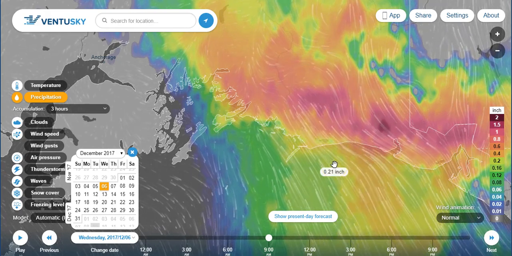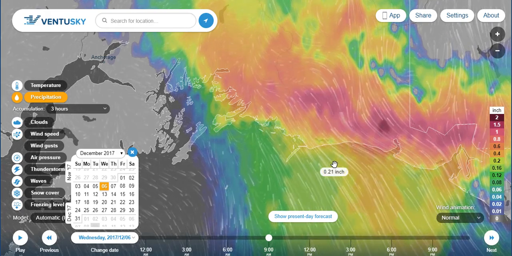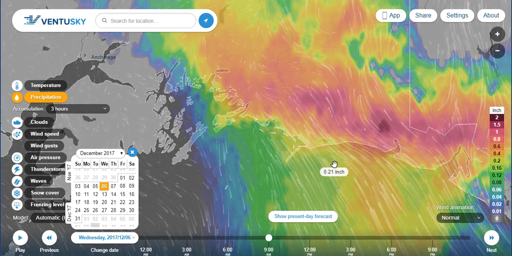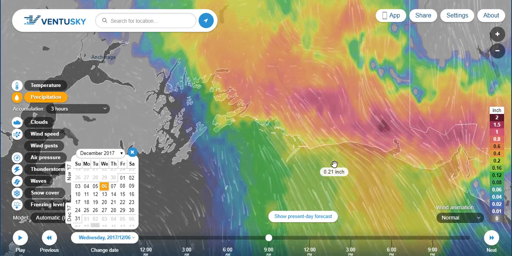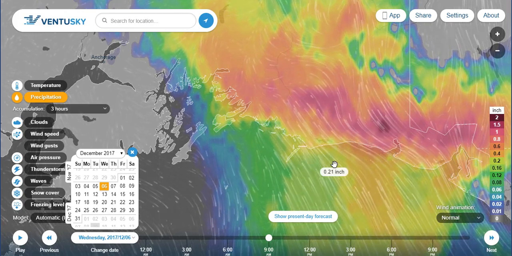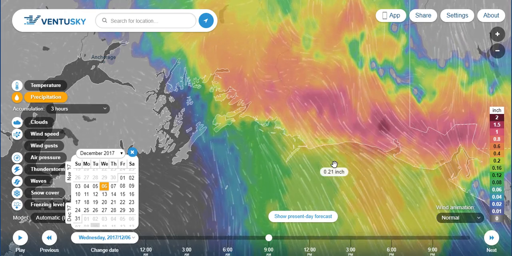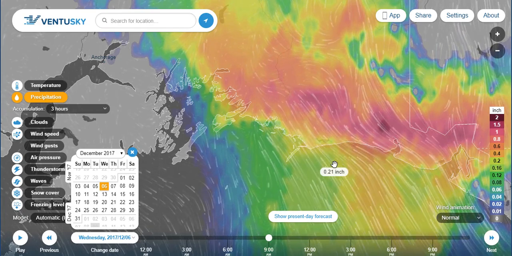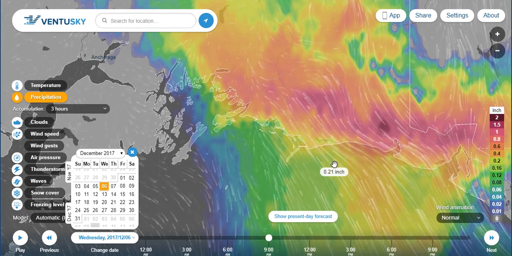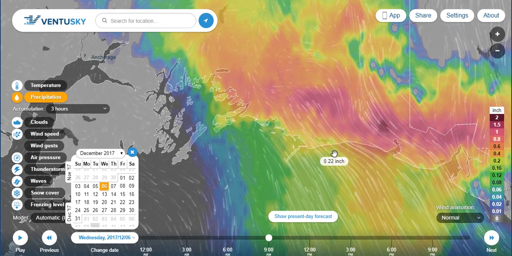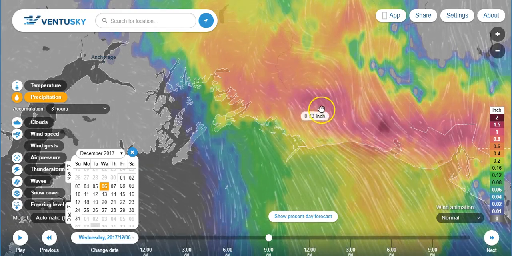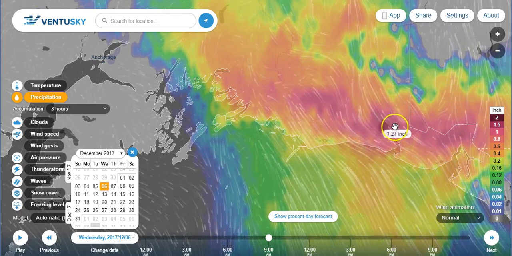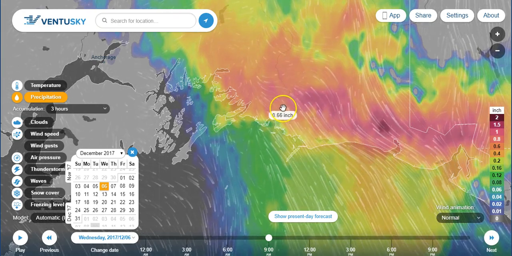And this wind took place in early December of 2017, where we had some of the highest snowfalls ever recorded in a single day in parts of south central Alaska, particularly in Thompson Pass near Valdez. But you can see that the precipitation was even more intense over parts of the Wrangells. Huge amounts of snowfalls in the big glaciated areas that we find here.